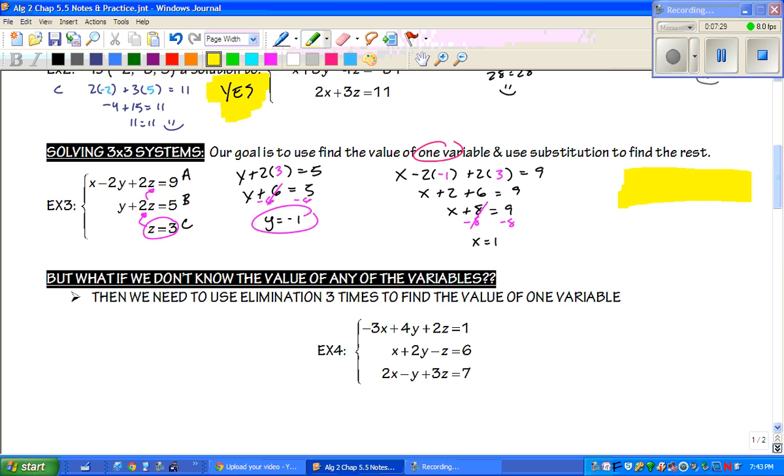So when we write our answer, remember it goes x, y, z, okay? So remember, x, y, z. It's always in alphabetical order, okay?